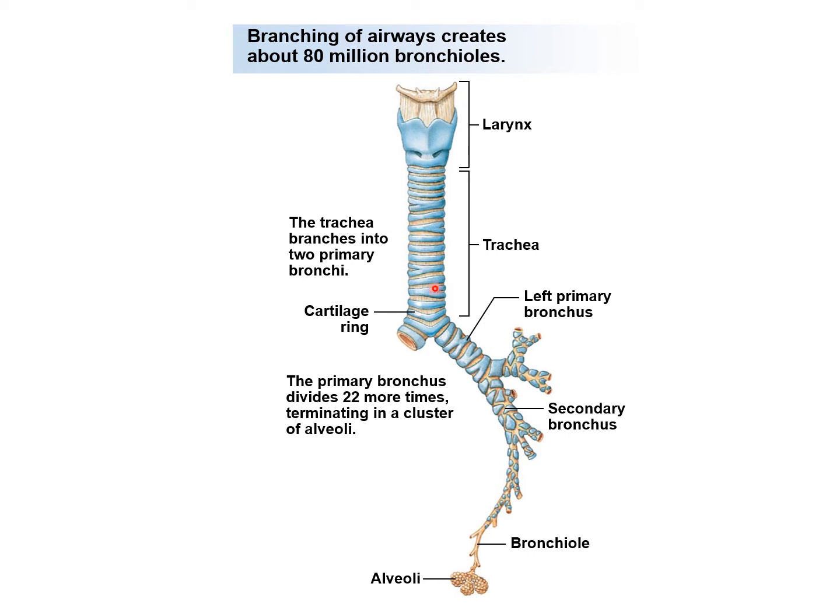It's created by a process in developmental biology called branching morphogenesis. Very important for kidneys and other blood vessels in the body, but it's super cool because you have literally at least 22 bifurcations all the way before you get to the alveoli. So extraordinary increase in surface area to maximize gas exchange.